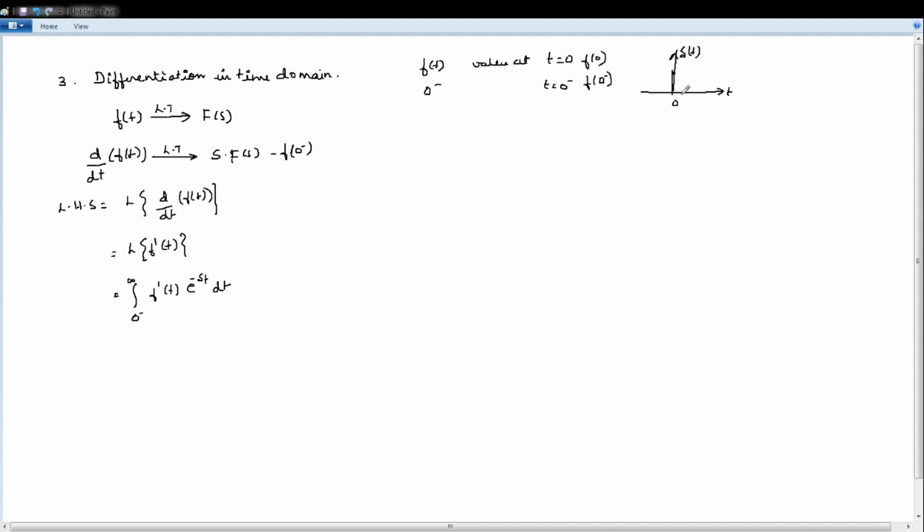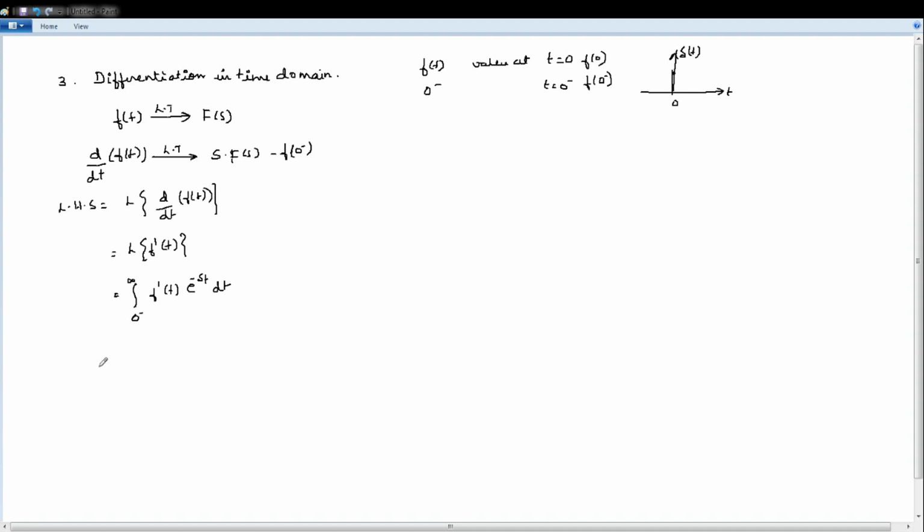To take care of the impulse function, we take 0 minus, because the impulse function is a sudden rise at t equal to 0. So we have to take an instant just before t equal to 0. That is why we take 0 minus into consideration in this property. 0 minus is the instant just before t equal to 0. This is again used to take care of the impulse function while calculating the Laplace transform. Impulse function is delta of t, which I've discussed in my signals and systems video, so if you have doubt, you can go through it.